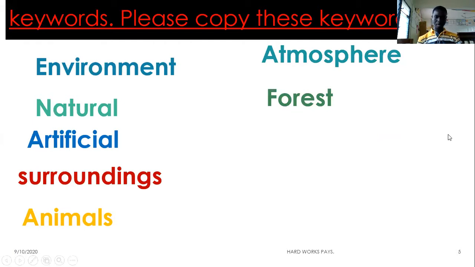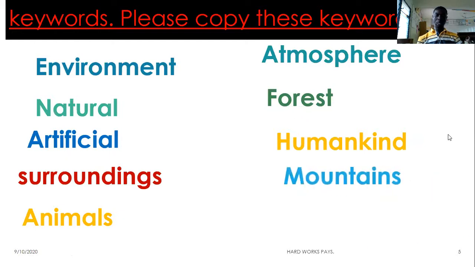F-O-R-E-S-T. Very good. The next keyword is humankind. Everybody say humankind. Can we spell humankind? H-U-M-A-N-K-I-N-D. Good. So copy these keywords. The next one is called mountains. Everybody say mountains.